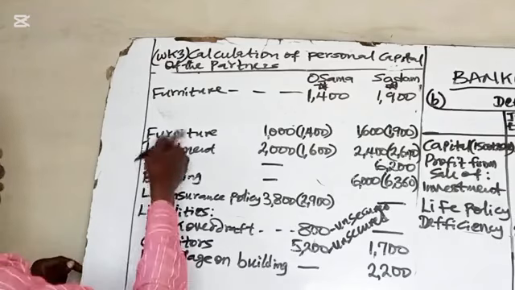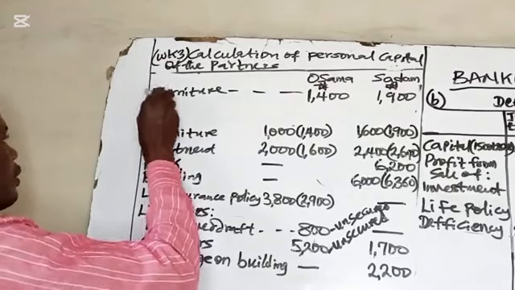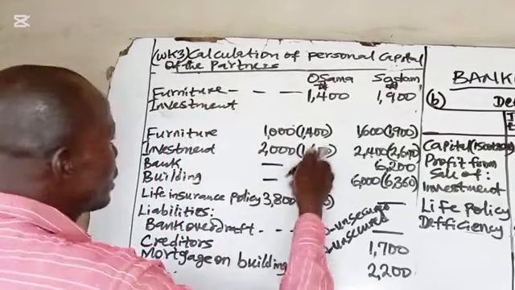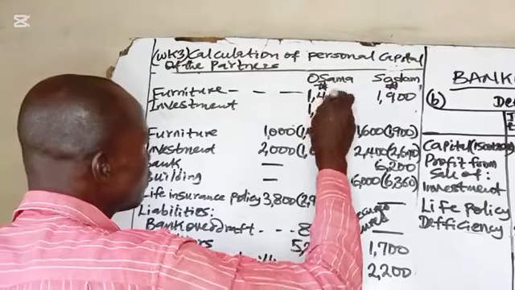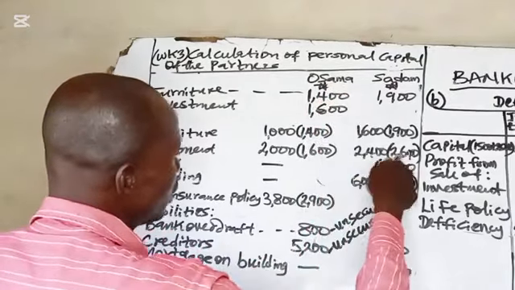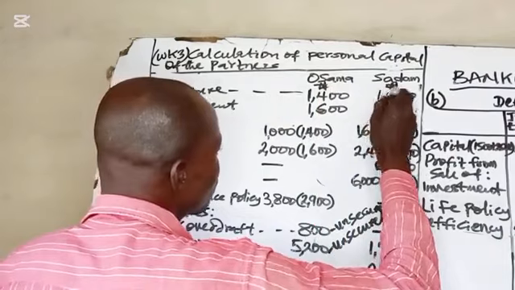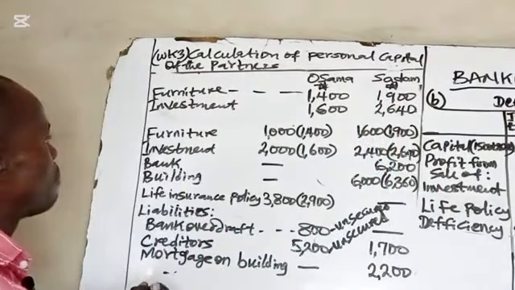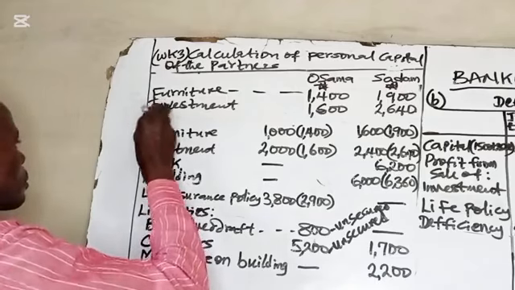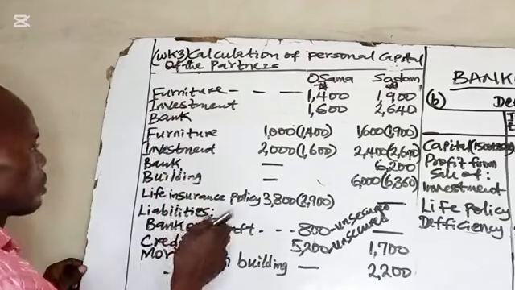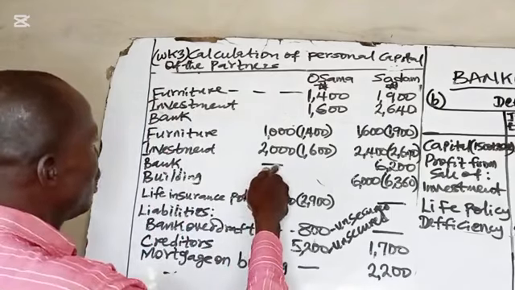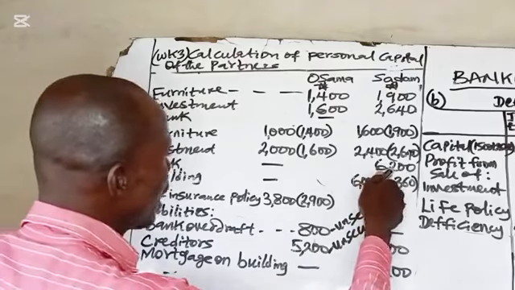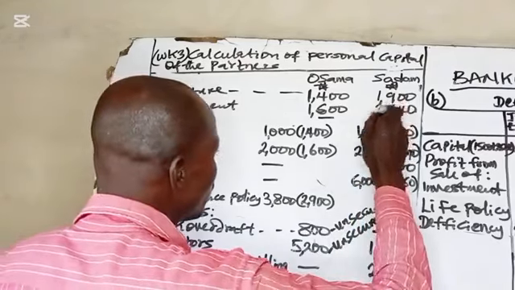Then we have investment. 1,600 is the book value or the cost, and 2,640. Then we have bank. Osama has nil, while the other person has 6,200.